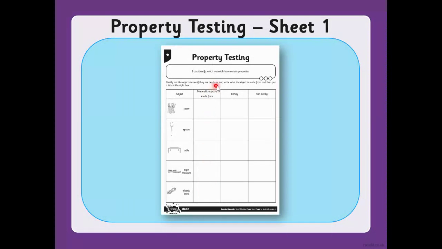Then in the next column, you need to put a tick in it if it's bendy. It says up here, bendy. So if the straw is bendy, then you put a tick in that box. Is the spoon bendy? Is the table bendy? Is the tape measure bendy? And is the elastic band bendy?